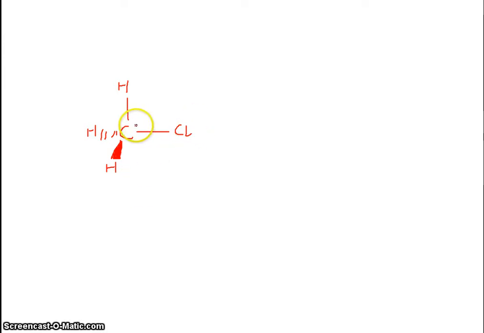because chlorine is more electronegative than carbon, this is a delta plus and this is a delta minus, just because of the electronegativity.